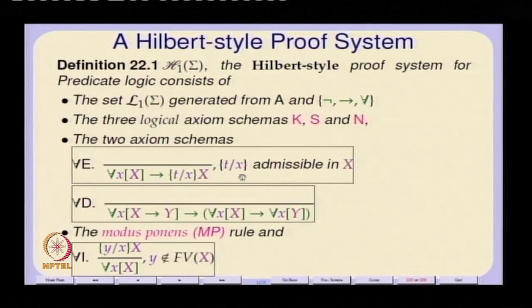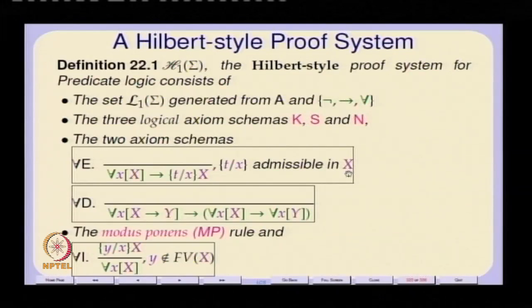In which case, of course, you cannot change the variables in t, but what you can do is an alpha conversion by changing the bound variables in X in order to get equivalent predicates, so that it makes t for X admissible in X.